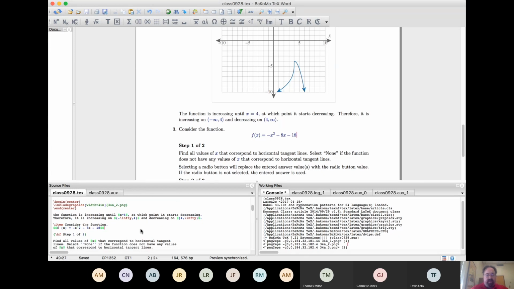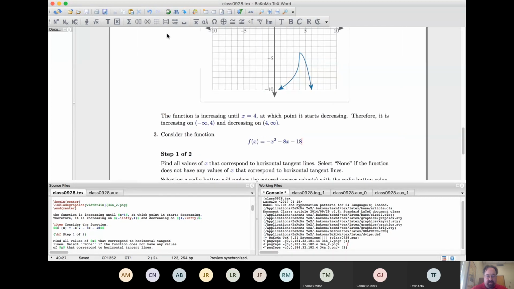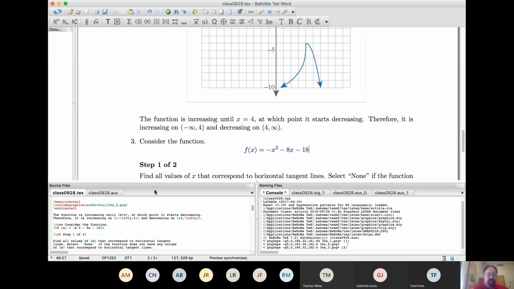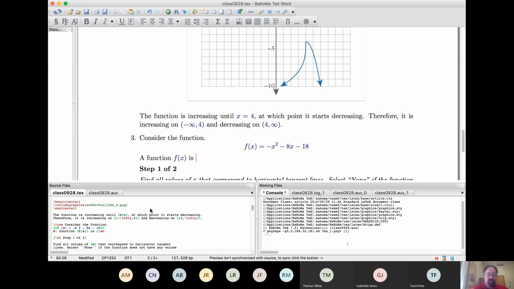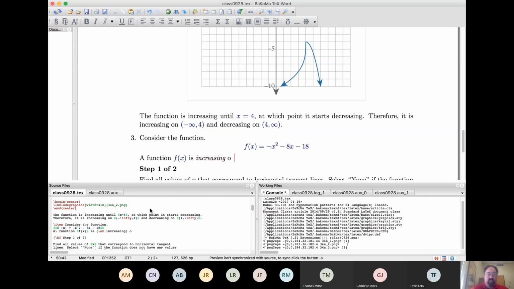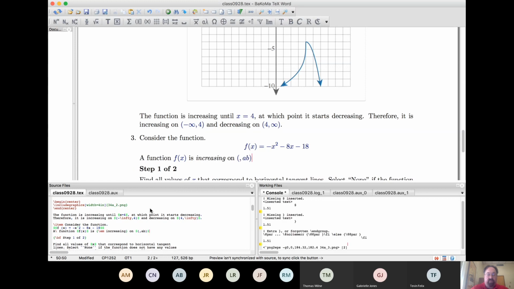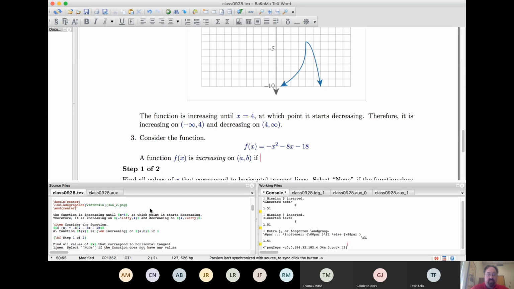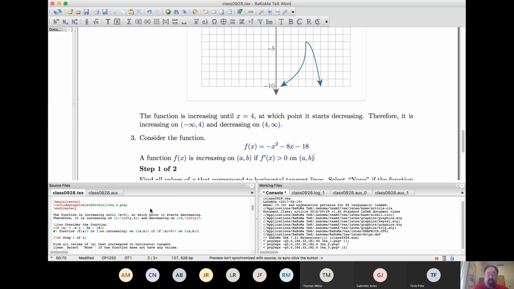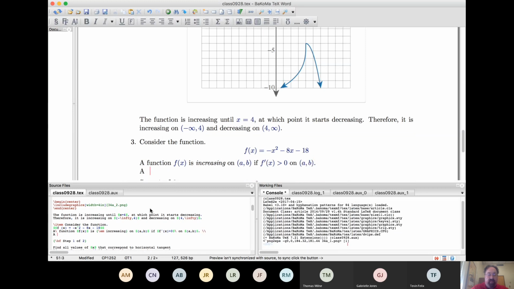Now, a key definition I want to make here, we'll zoom in now. A function is increasing on some interval AB if its derivative is positive on that interval AB.